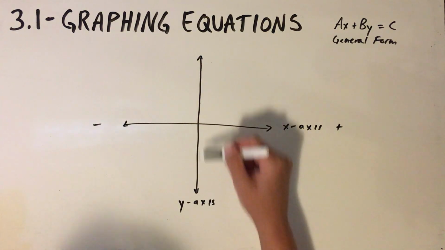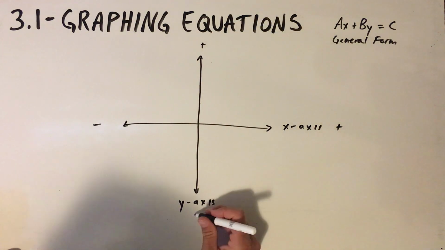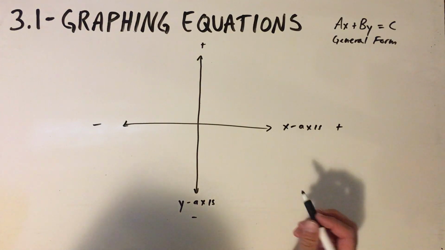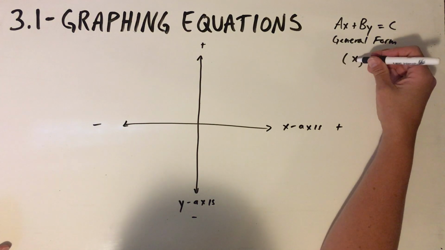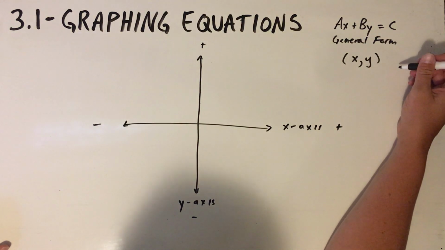This represents the distance in the y, positive when you're moving up and negative when you're moving downward. All points in this system have 2 values. They are called an ordered pair, and always the first value represents the movement in x and the second value represents the movement in y.